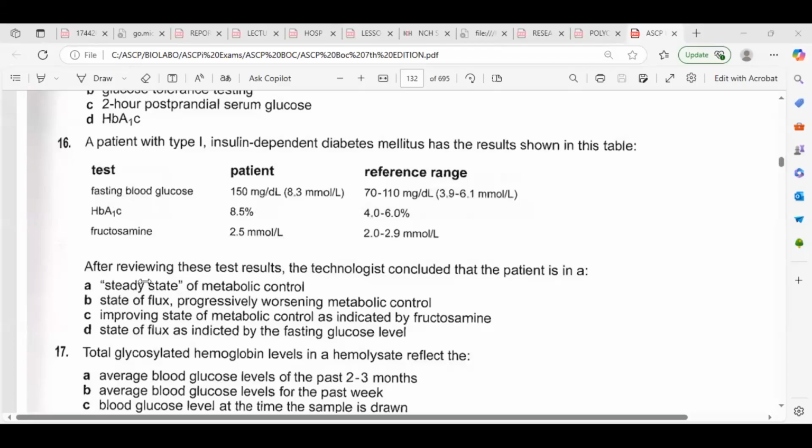After reviewing this result, what could you conclude as a technologist about that patient? Is he in a steady state of metabolic control? Is the patient in a state of flux or progressively worsening metabolic control, or is the person in an improving state of metabolic control because of the fructosamine, and a steady state as indicated by the fasting blood glucose level?